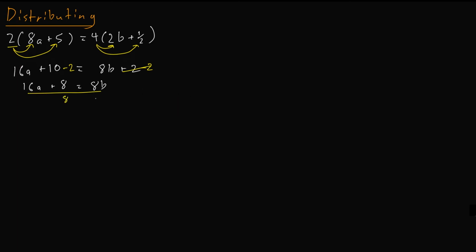And this will give us 2a plus 1 equals b. So we've simplified this big equation and gotten this here as a final equivalent result. Much easier to look at and to see what's happening there.